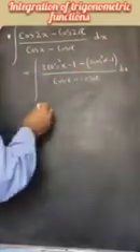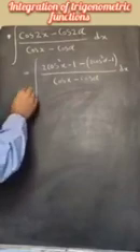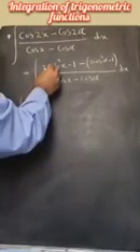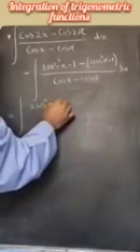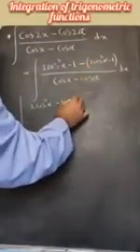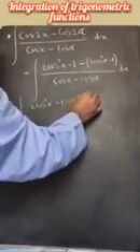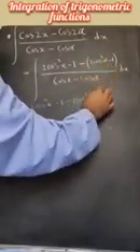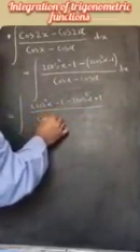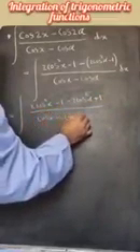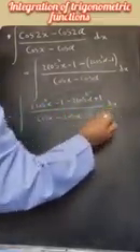divided by cosine of x minus cosine of alpha dx. That is further equal to integration of twice cosine square x minus 1 minus twice cosine square alpha minus is plus 1 divided by cosine of x minus cosine of alpha dx.